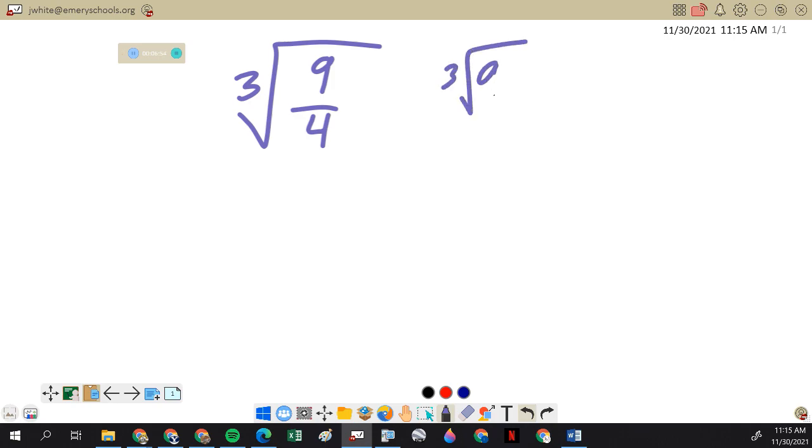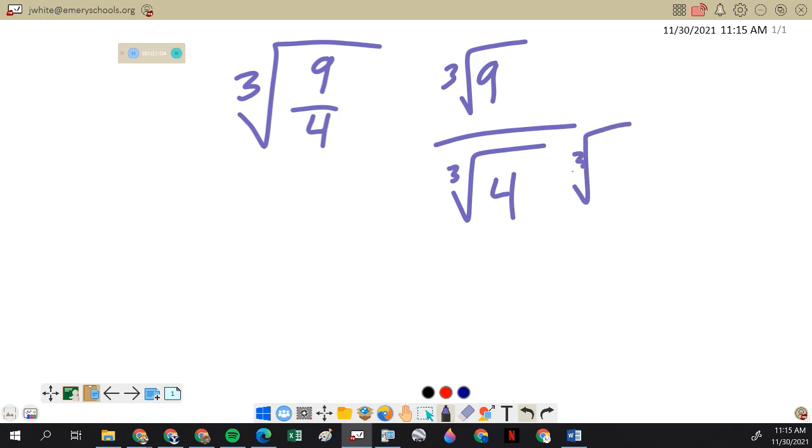What about the third root of 9 over 4? We would get the third root of 9 over the third root of 4. How do I rationalize the denominator?